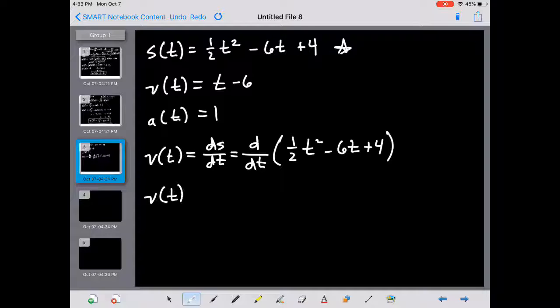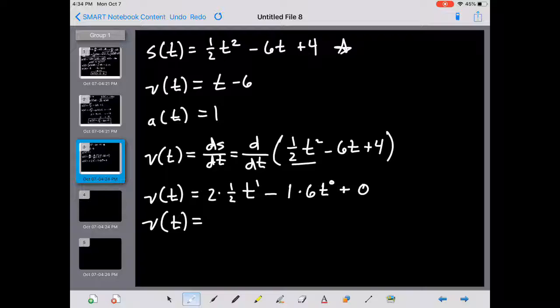Just a whole bunch of power rule here. I bring down the exponent, so I get 2 times 1/2 t, and then t to the 2 minus 1, which is 1, minus 6 times t to the 0, plus 4. That 4 goes away, so it's plus 0.